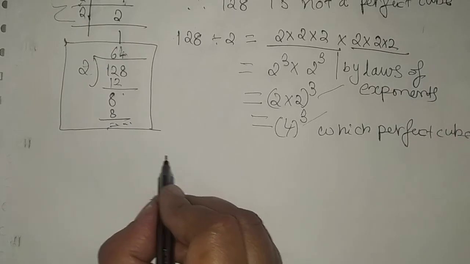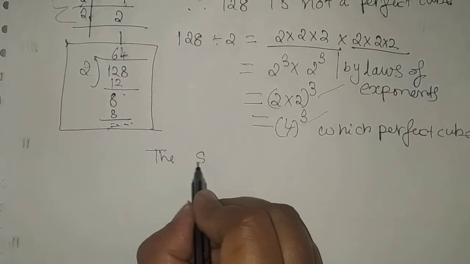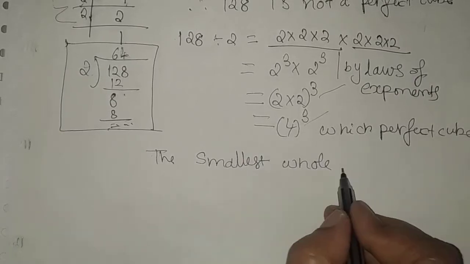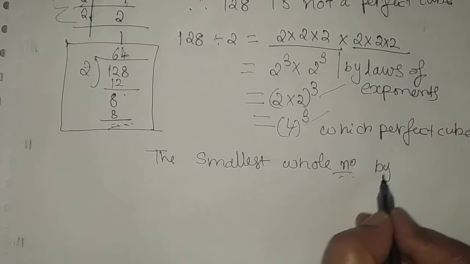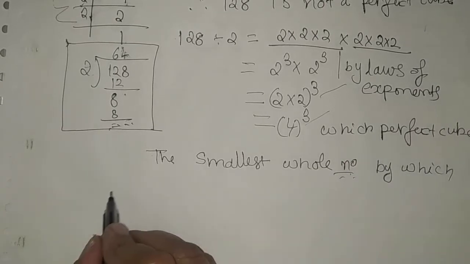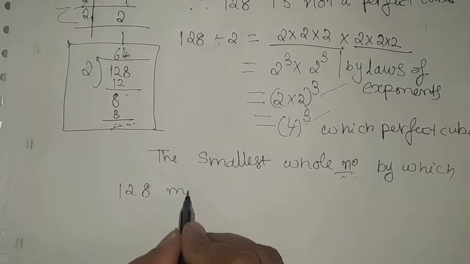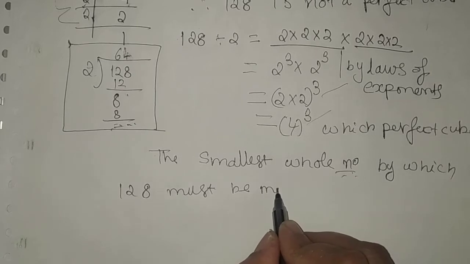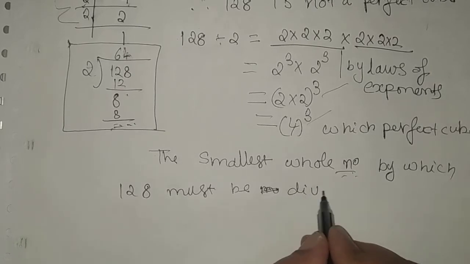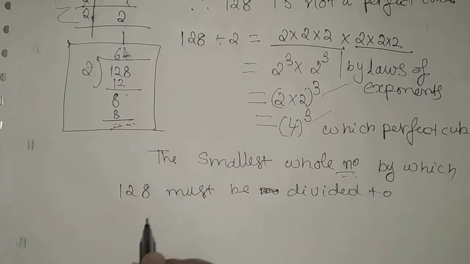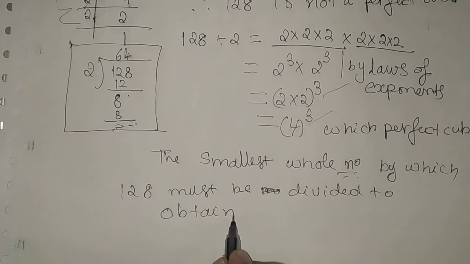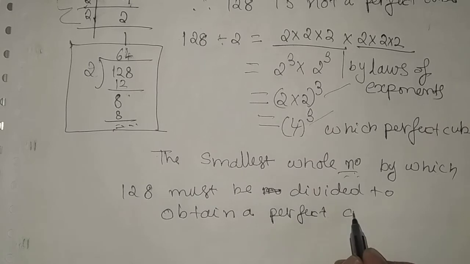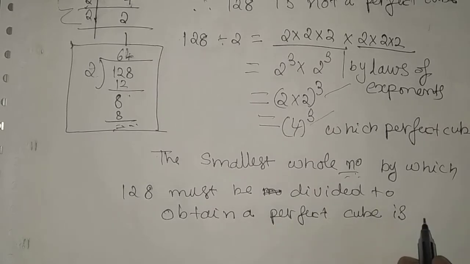Hence the smallest whole number by which 128 must be divided to obtain a perfect cube is 2.